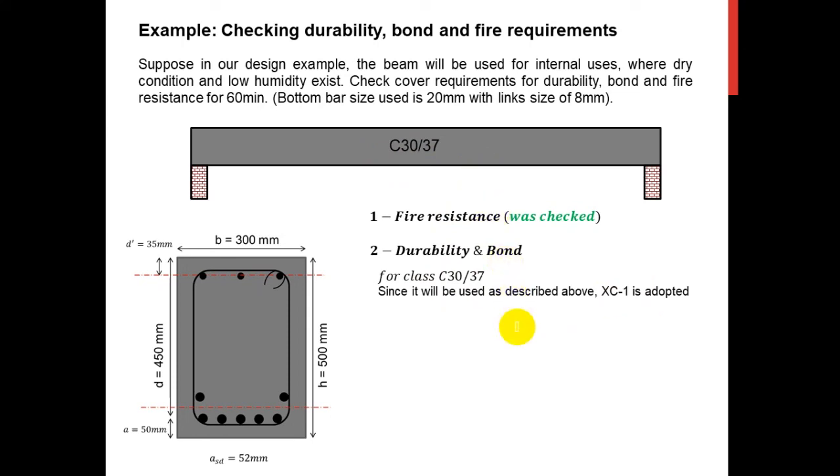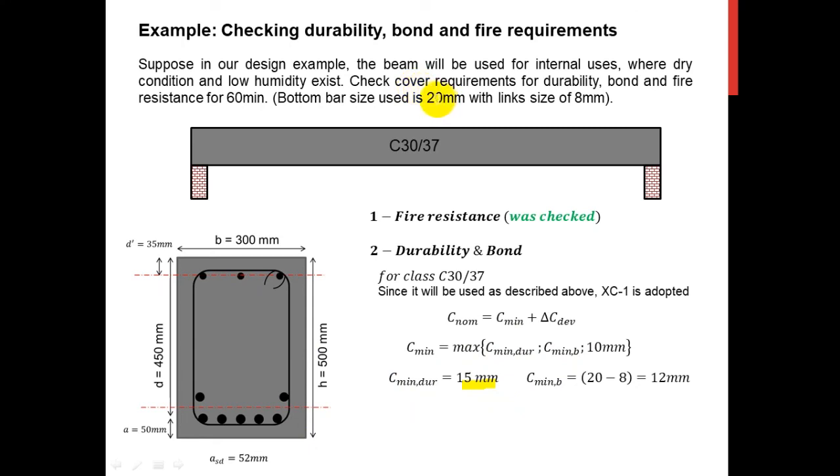Now let's verify the nominal cover for durability and bond requirements. Again, from this equation, we take the max. So which one is going to be the max? For XC1, the minimum cover for durability is going to be 15 millimeter, and for the bond, we have the bar size as 20 millimeter.